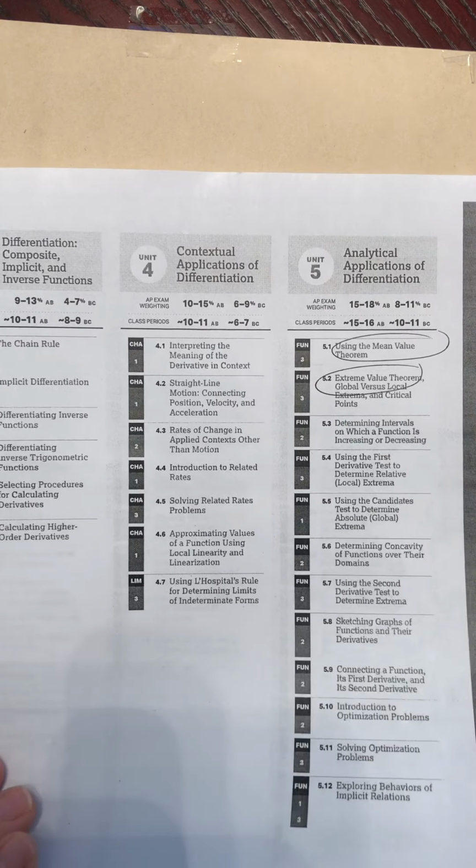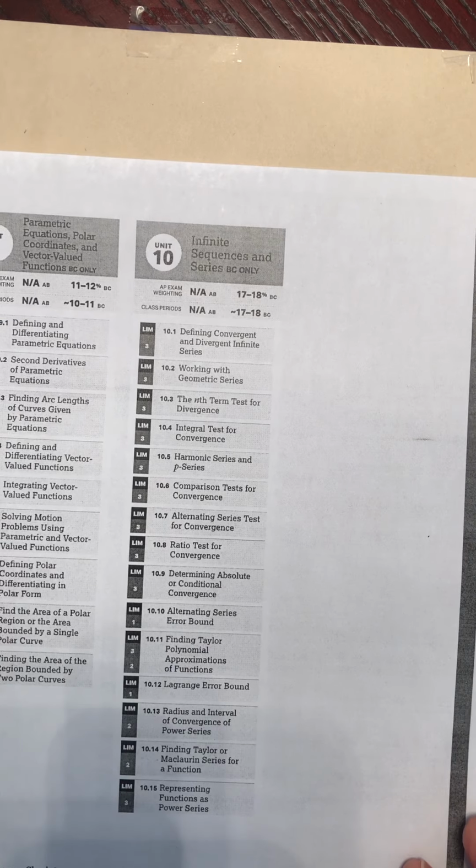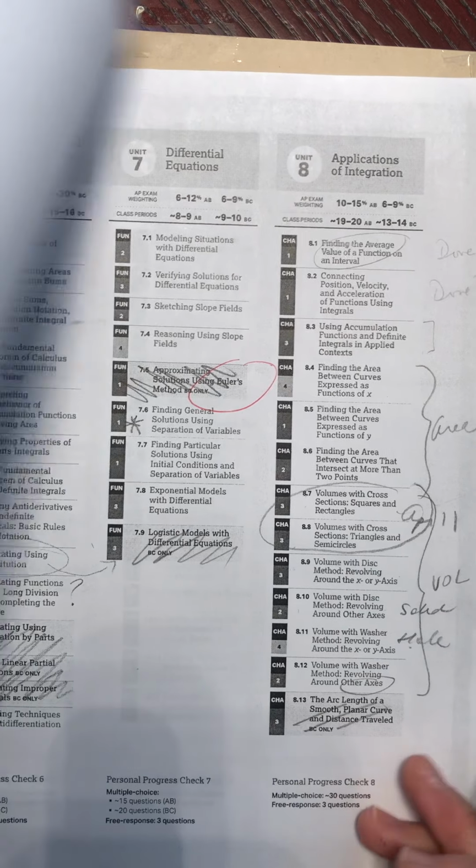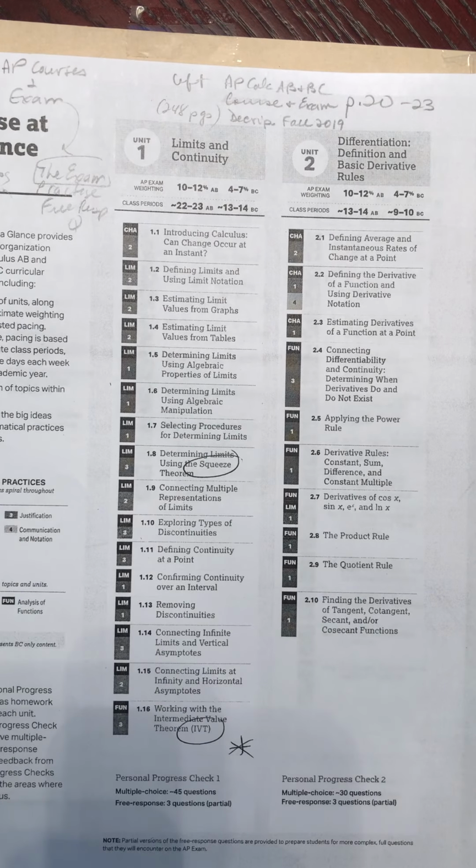And you know what? We've done everything. We don't do units 9 and 10, that's Calculus BC. We've really gotten to everything but these volumes. So if you want to see this, that's where it is. It's under the course and exam description, fall 2009. That's handy to see.